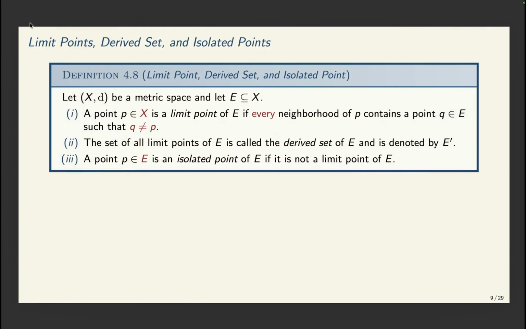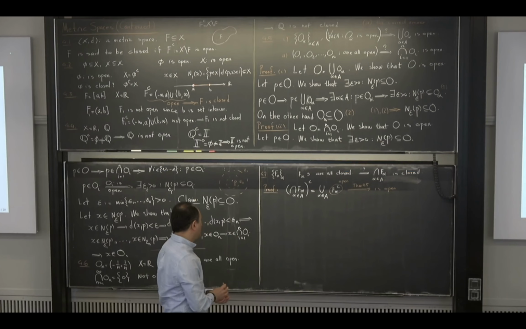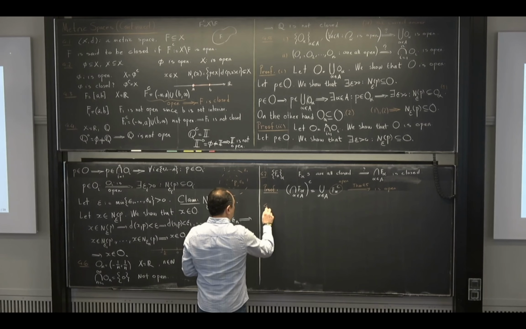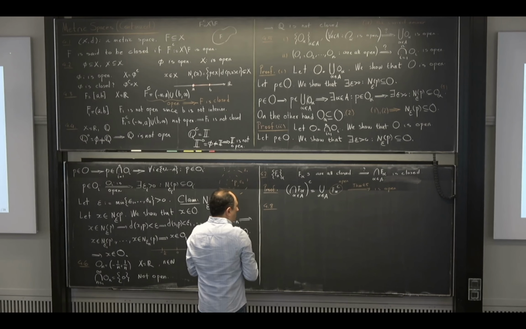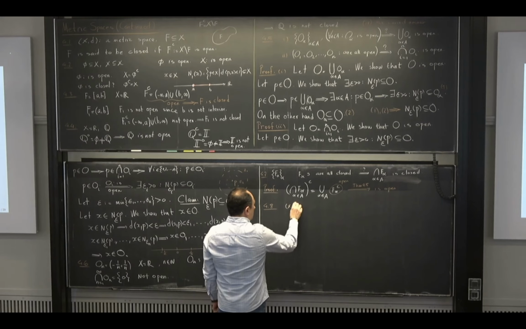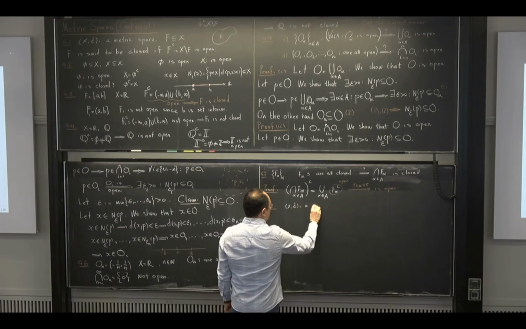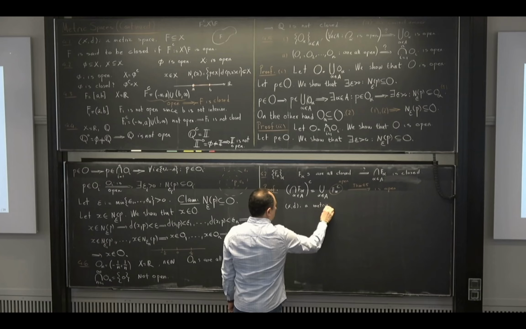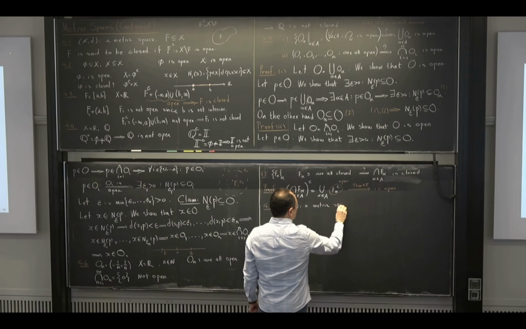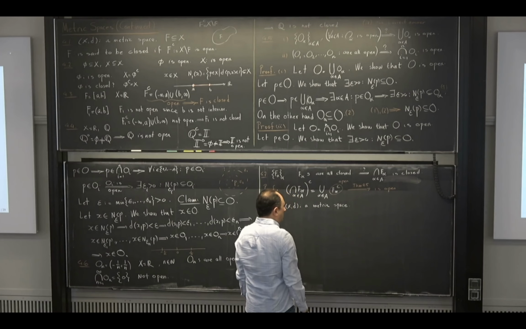Okay, now we want to define a new concept, and that is the concept of a limit point, derived set, and isolated point. So let me define it here for you on the board. So let us say that (X, d) is a metric space, okay?